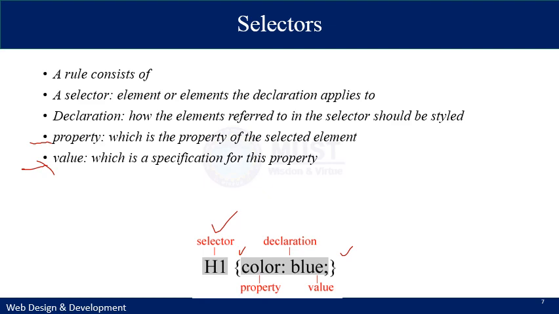So a typical style here has the selector h1, curly braces of declarations, and a property color followed by a colon, and a value for the color that is equal to blue, and it ends with a semicolon. A semicolon is required if you have multiple declarations. However, if you have one declaration, a semicolon is not needed. So this style will be applied to all the h1 elements where you link this cascading style sheet.